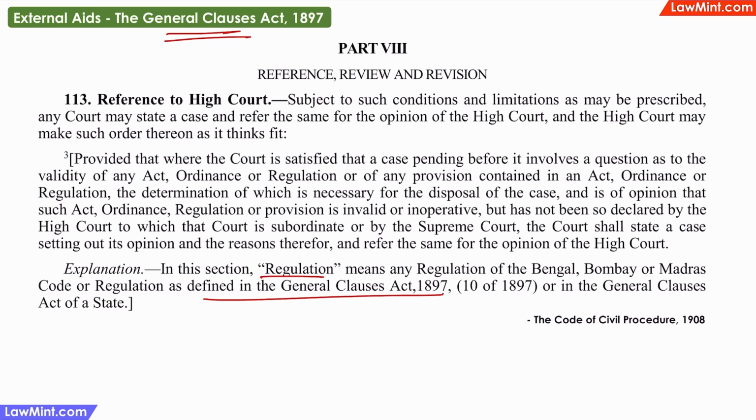Like, what does it mean when a statute says something has to be done within 1 month? Is it 28 days, 30 days, 31 days? And the General Clauses Act can also provide a clear definition of the powers and functions of authorities. So, the General Clauses Act is an important aid in the interpretation of statutes.